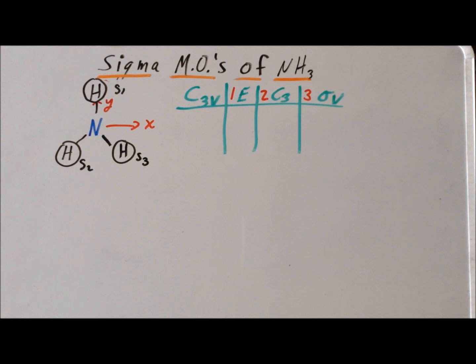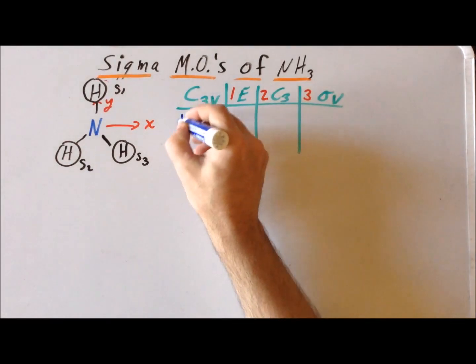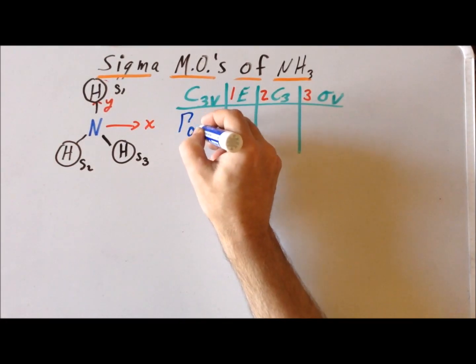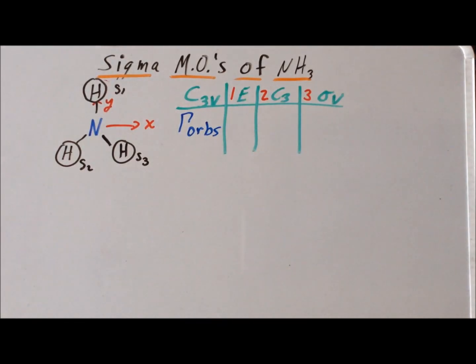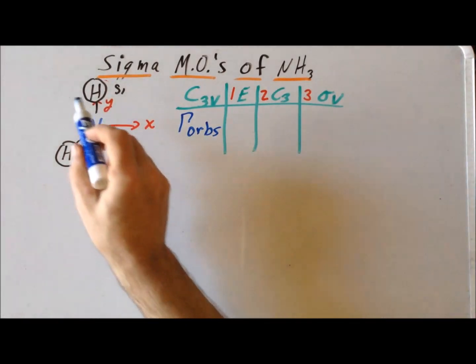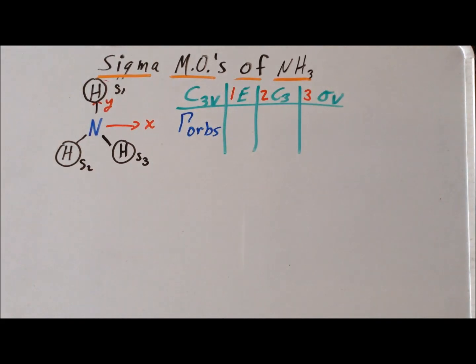What we want to do now is to develop a reducible representation for the sigma orbitals. So this is gamma orbs, the orbitals that don't move. You just want to see which orbitals don't move under a particular symmetry class of the point group.